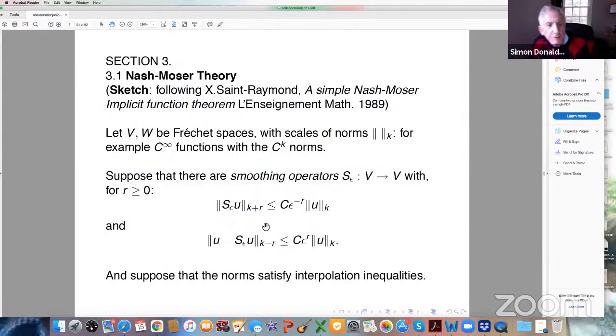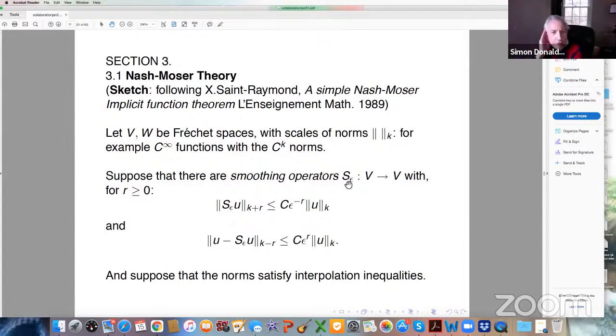So again, in the case of, say, functions on R, you would get this kind of operator in the standard way by taking convolution with a suitable family of bump functions scaled according to this factor epsilon.